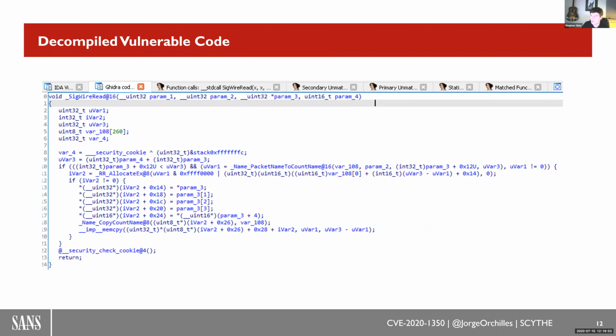So I'm going to continue down this rabbit hole. But I apologize for not cleaning up this pseudocode here. This was using Chris Eagle's decompiler port of Ghidra over to IDA Pro. If you see the if statement towards the top middle area, there's a uVar1 equals, and then you've got packet name to count name.